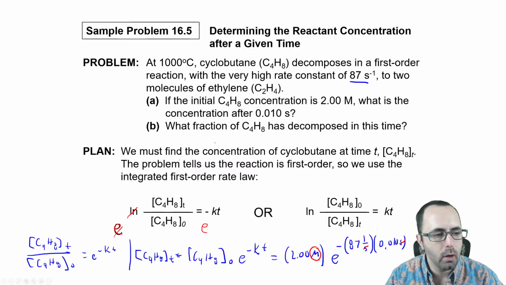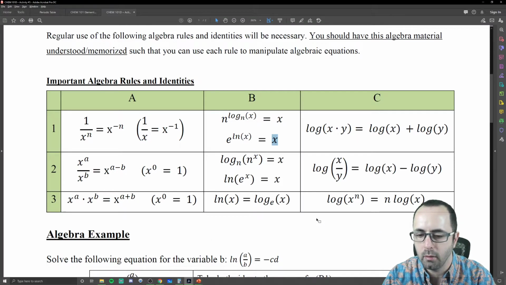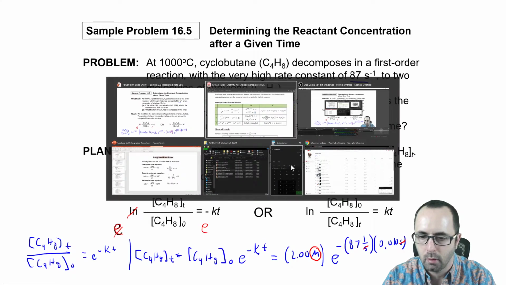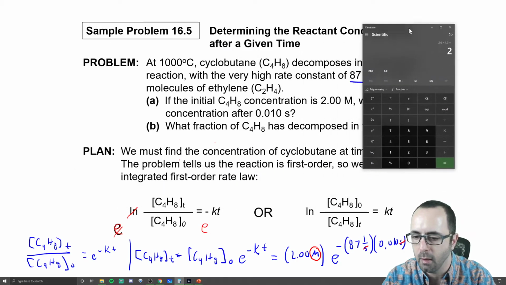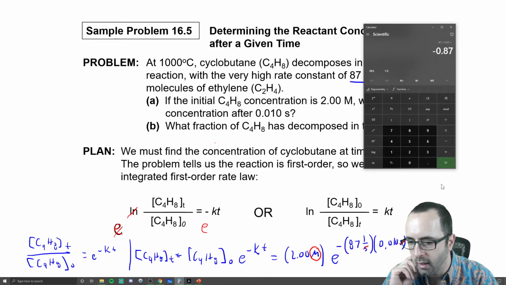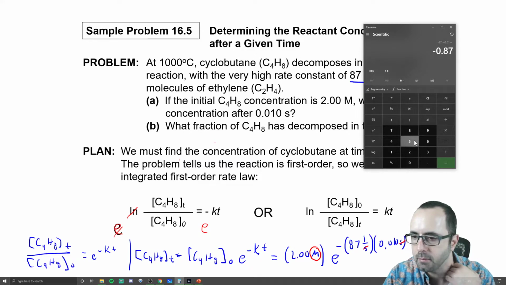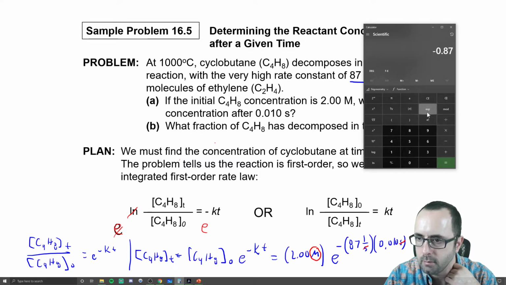And so now we can put this in our calculator. I'm going to do what's up in the e first. So I'm going to do 87, I'm going to make that negative, times 0.01, that equals negative 0.87. And I'm going to take e to the power of that. Whoops, not exp, e.